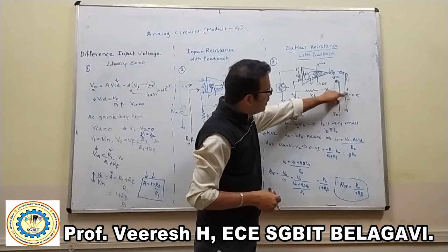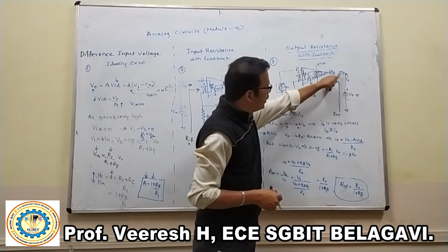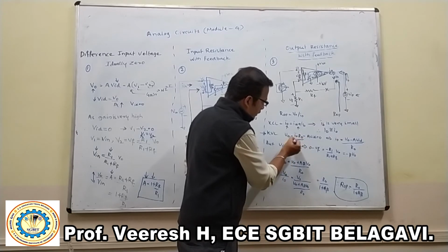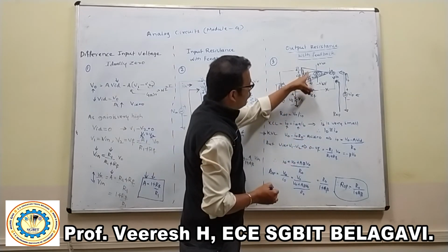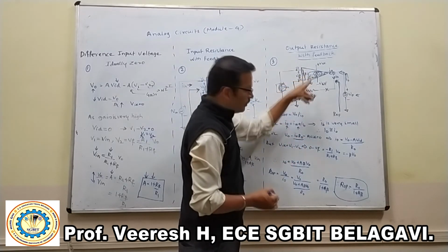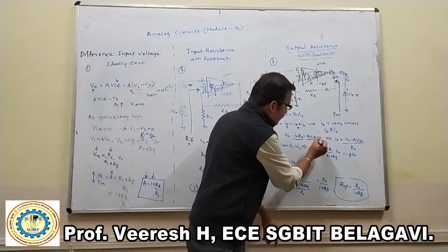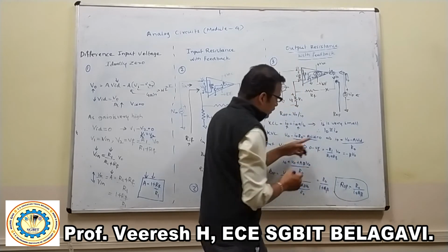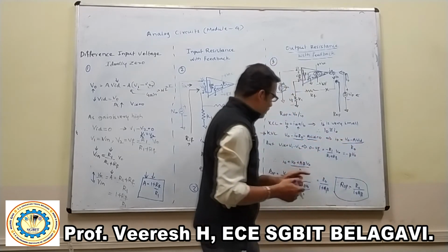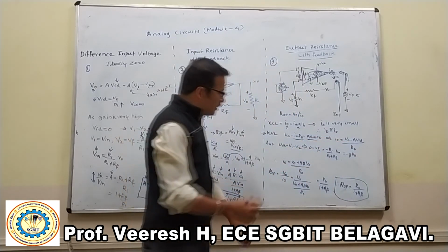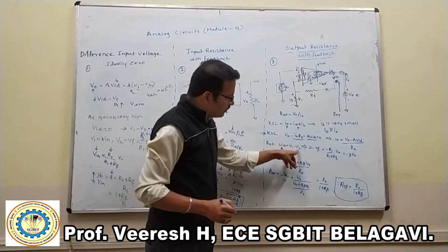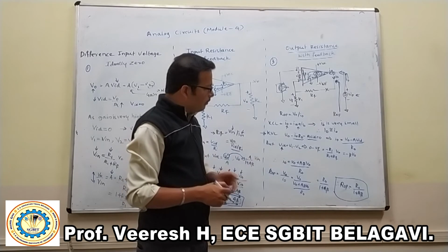I will start with this one. V0 minus I0 R0, since I0 is the current flowing through R0, and it flows to the ground through this current source, minus A into VID, that is equal to 0. From this I can write I0 equal to V0 minus A VID divided by R0. But the differential voltage VID we have already written as V1 minus V2.